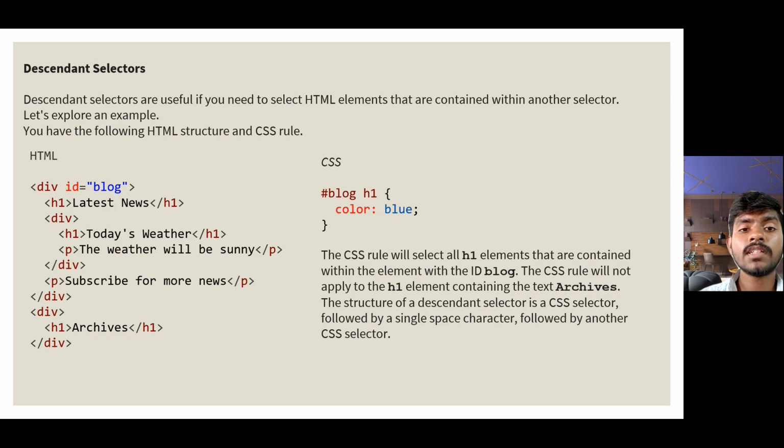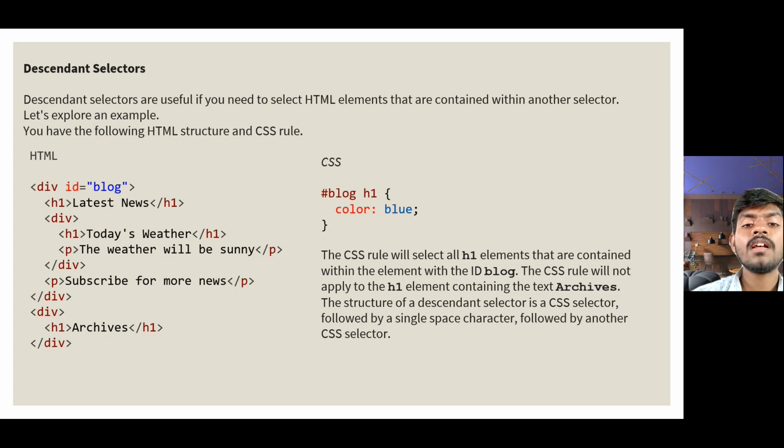Here we used hash blog, which is the id for the div, and we selected only the h1 tags inside the div which has the id. We applied the property color and gave the value blue.